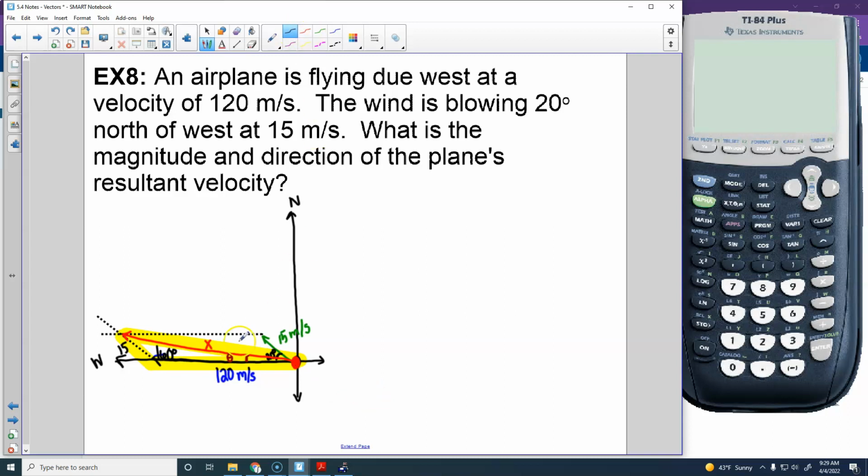So to set that up, we would say x squared equals, and our sides here are 15 and 120.